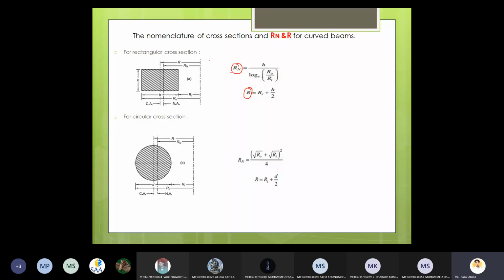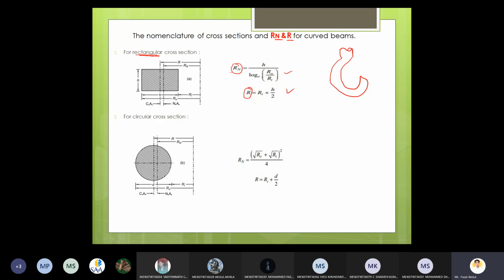Now, whatever figures I am showing here, if you find such figures in the examination, blindly apply this equation and get the answer. Now see here, this Rn and R we are calculating separately. First one is the rectangular cross section. It means if the figure is cut at the middle portion, suppose this is a crane hook figure.